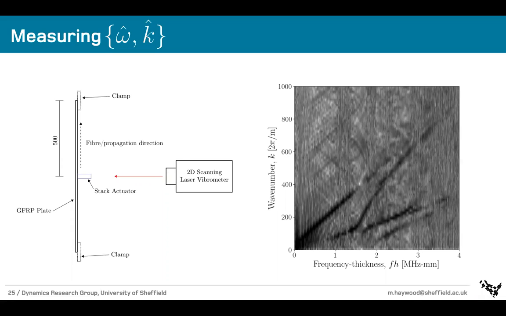This is looking top down onto the glass fiber plate, and we've set 0 degrees as the fiber propagation direction. On the right is our arbitrary dispersion curve image in the direction of the fiber propagation. You can see quite clearly we've got the anti-symmetric mode, the symmetric mode, and a couple of additional ones as well. But for this one, we're just going to focus on those first 2 fundamental modes, the first anti-symmetric and the first symmetric.